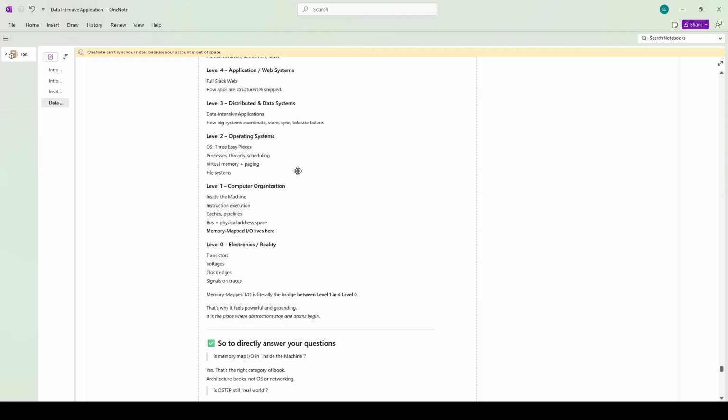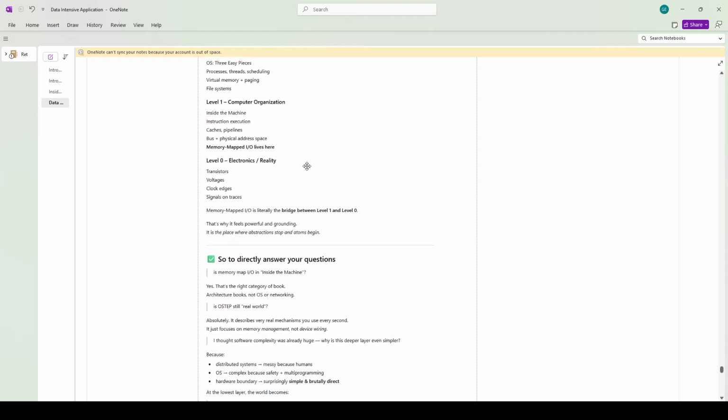Level 2, operating systems: OSTEP, processes, threads, scheduling, virtual memory plus paging, file systems. Level 1, computer organization: Inside the Machine, instruction execution, caches, pipelines, bus plus physical address space. Memory-mapped IO lives here. Level 0, electronics or reality: transistors, voltages, clock edges, signals on traces.